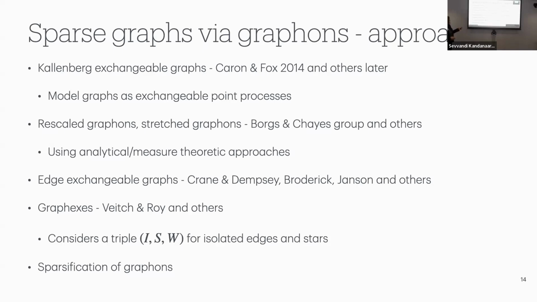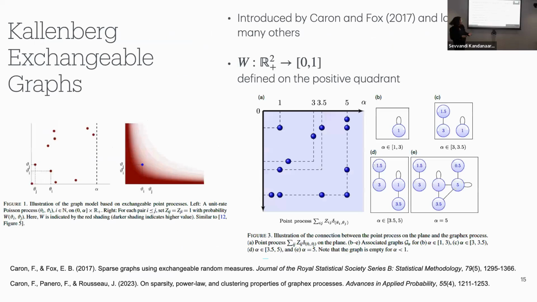Then there's edge exchangeable graphs proposed by lots of people, Crane and Dempsey, Broderick, Jensen, and others. Another extension called GraphEx, which has 3 things in there. And then sparsification as well. I'm going to go through them one by one, slightly briefly, to give some idea.